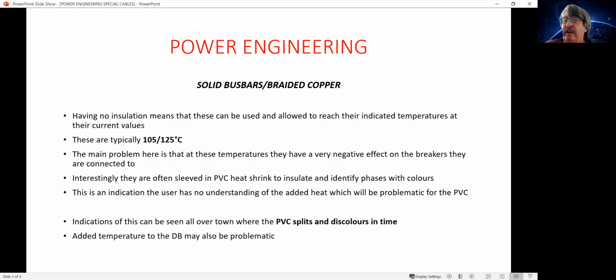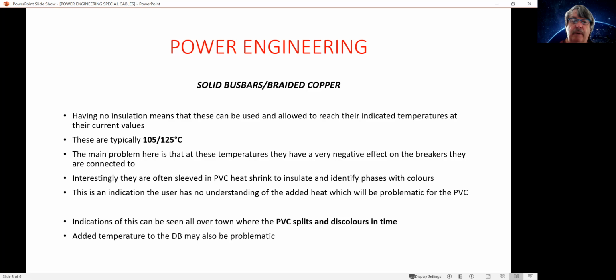They're in straight air and they will be qualified typically something like 105 or maybe 125 degrees Celsius. They carry a certain rating. Now, of course, we know from the circuit breakers that we are talking about 70 degrees PVC wire. And that variation here will have a negative effect on the breakers that will be connected to these type of products.